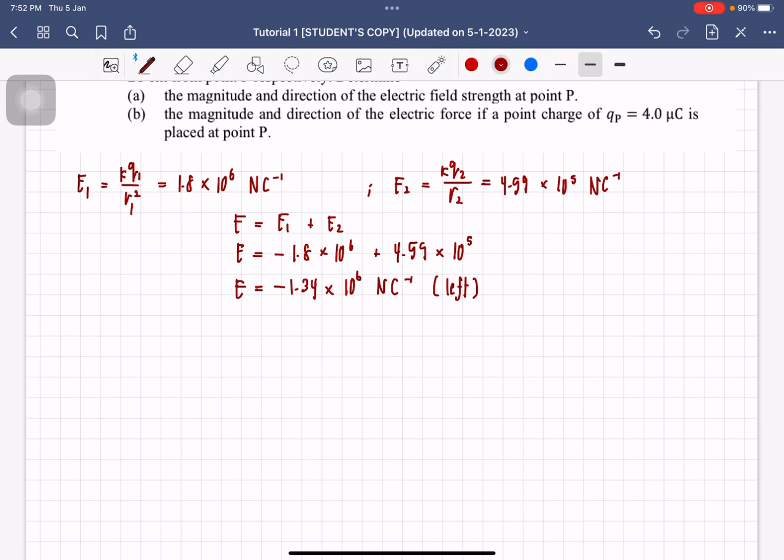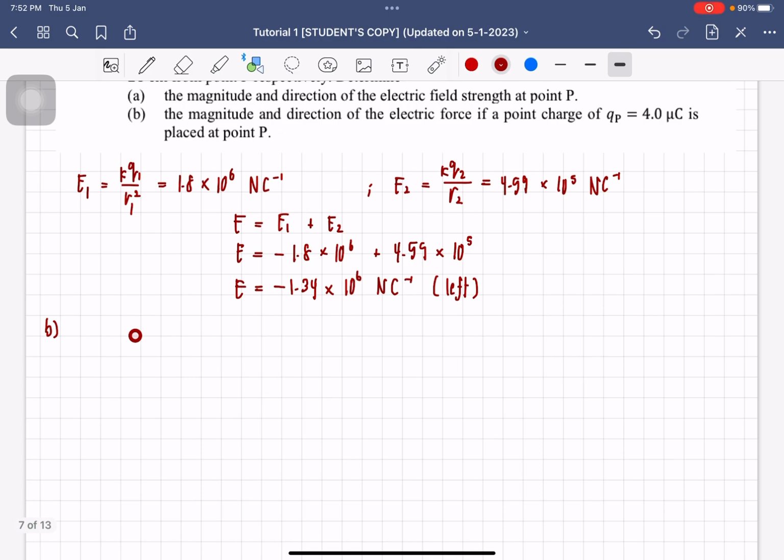Then we need to find the electric force. For the electric force, if a point charge is placed at point P. So now, the dot just now is now a charge.